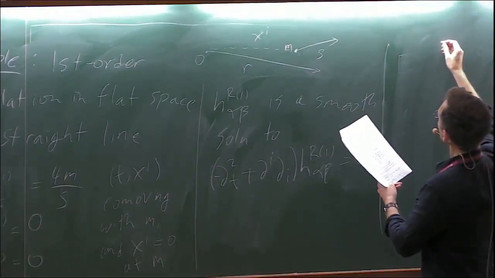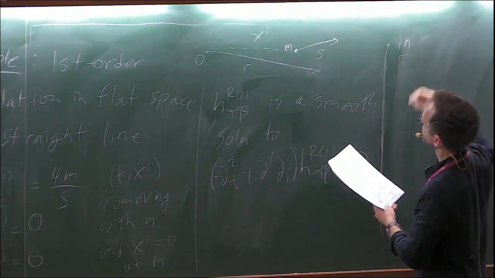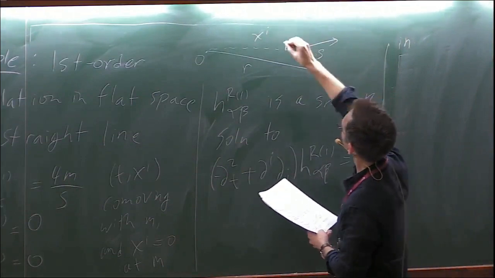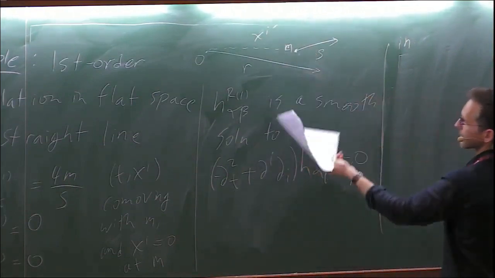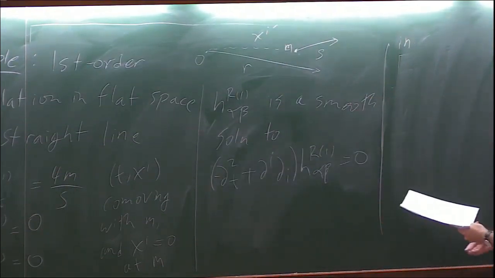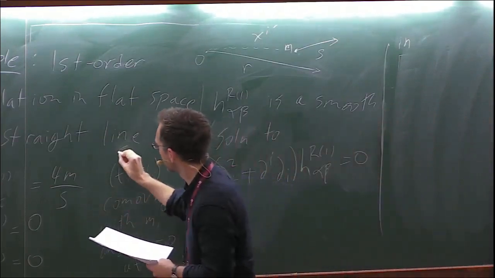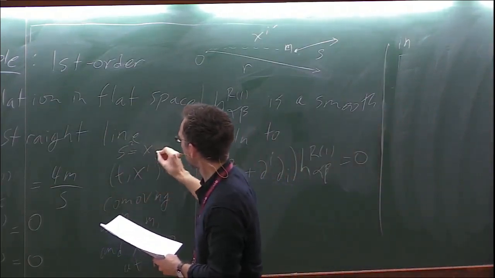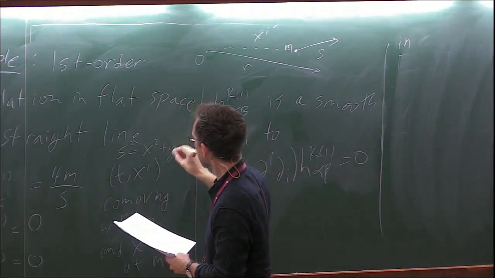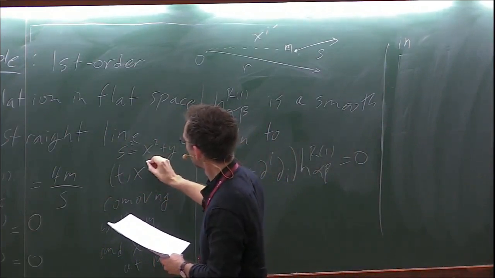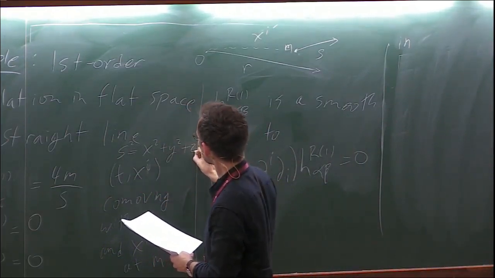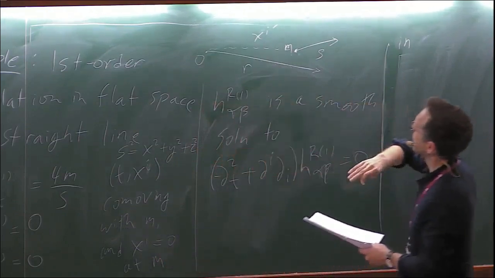Then, in this new coordinate system, let me put a prime on there to make it clear that it's not the same coordinate system I was writing that over in. And over here, this s squared was just x squared plus y squared plus z squared. Now we're in a primed coordinate system.